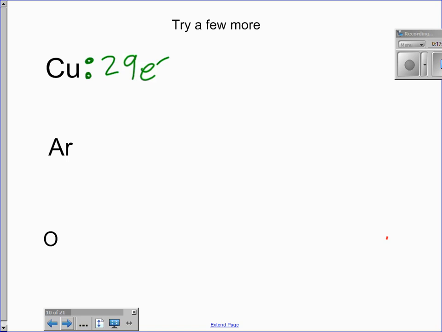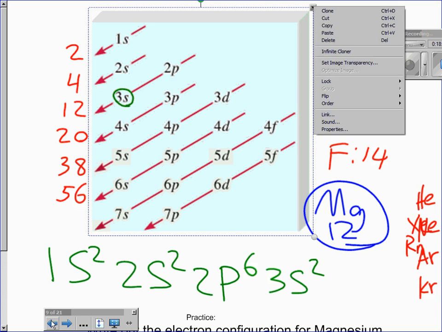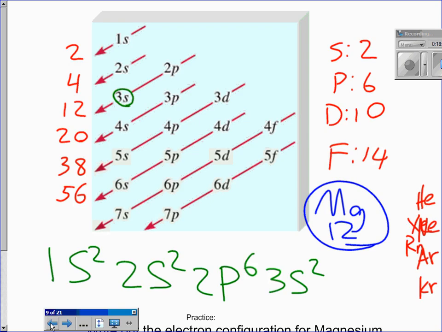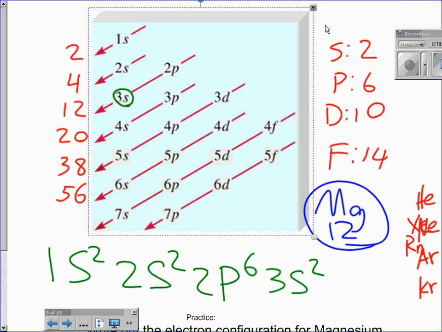Let's see if I can copy and paste that chart over here. Copy. Next page. Paste. Oh, that's not what I wanted. Back. Copy.